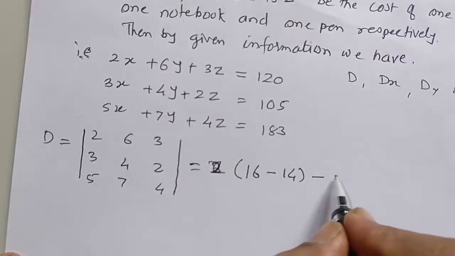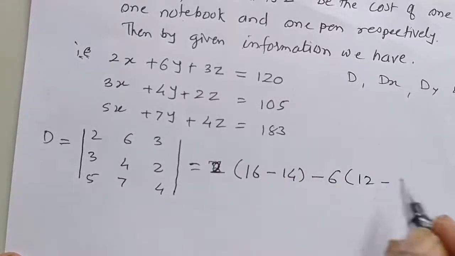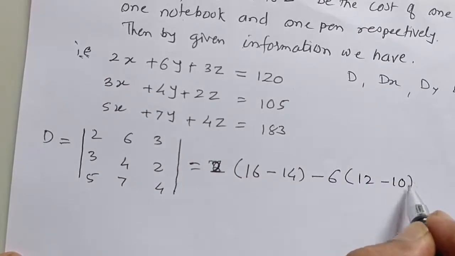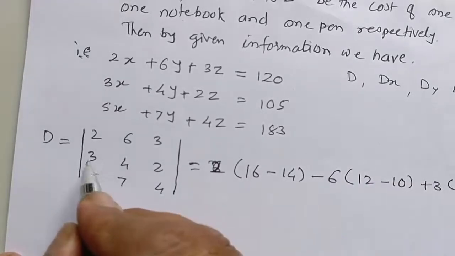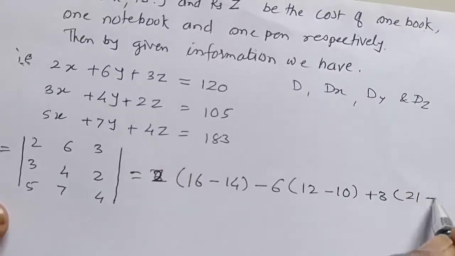Second is minus 6 into 3 into 4, 12, minus 5 into 2, 10, plus 3 into 3 into 7, 21, minus 4 into 5, 20.